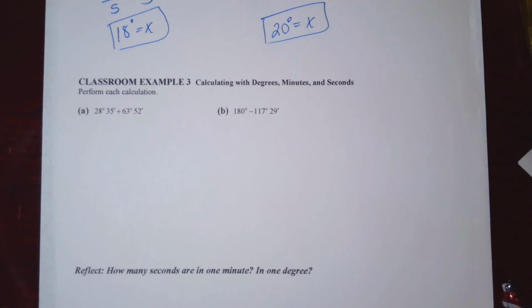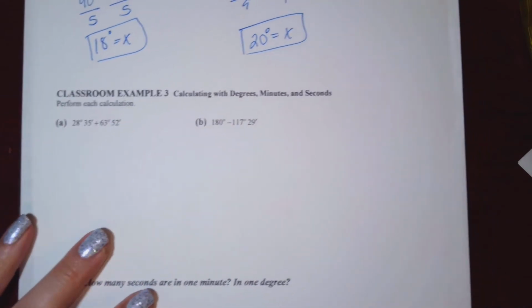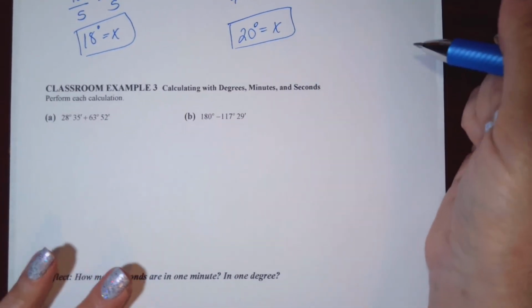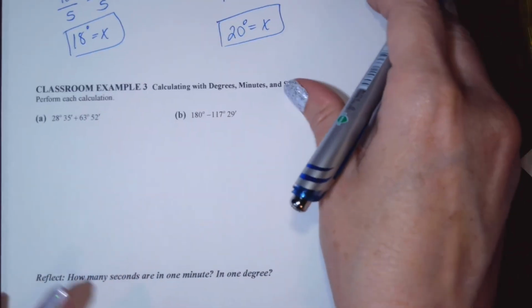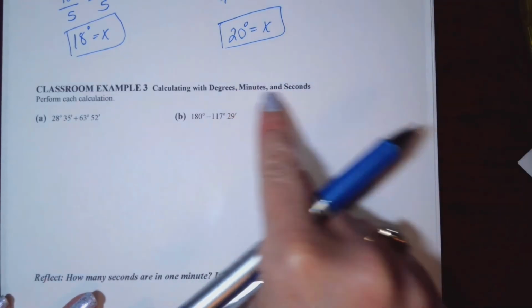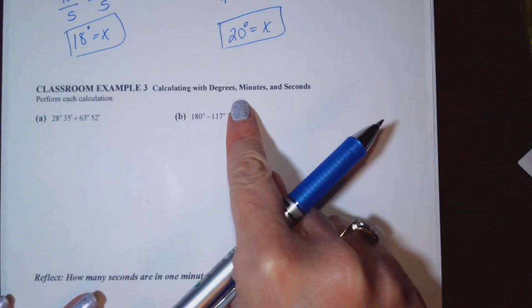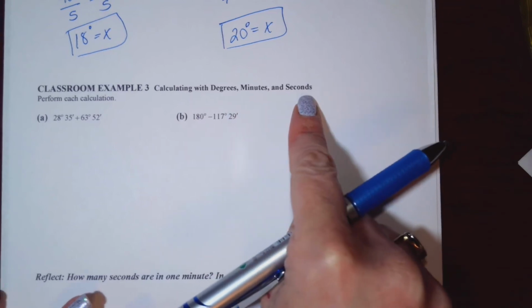Okay, degrees, minutes, and seconds. Our 360 degrees in a circle, we kind of tie them to measurements in exactness, like you would a clock with minutes and seconds.